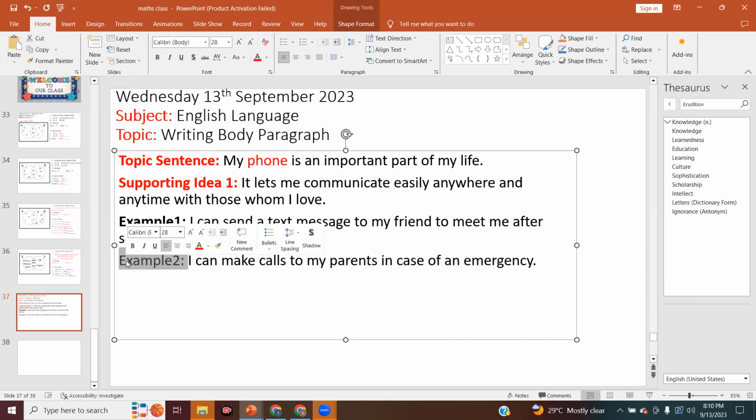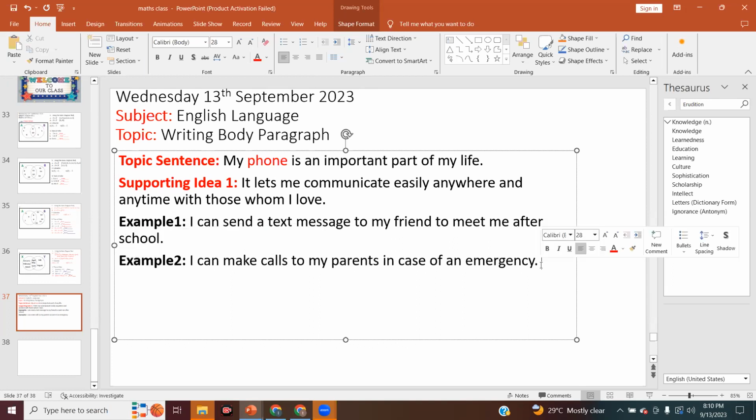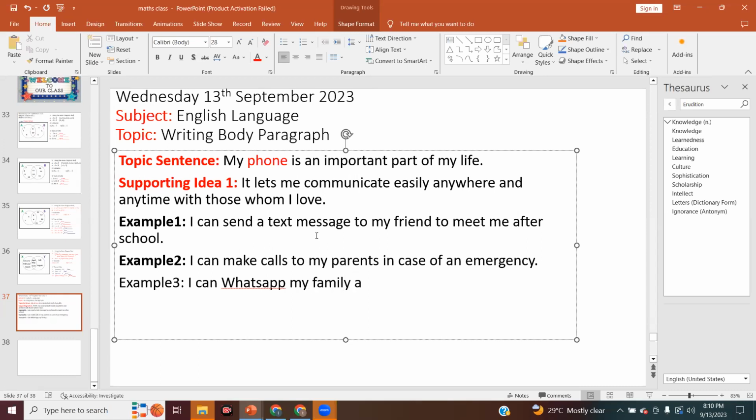And what else? Example number 3 is... You could search up important things on your phone. No, I still have to connect it to communicate easily anywhere, anytime. So I can WhatsApp my family and friends when I am on vacation, right?